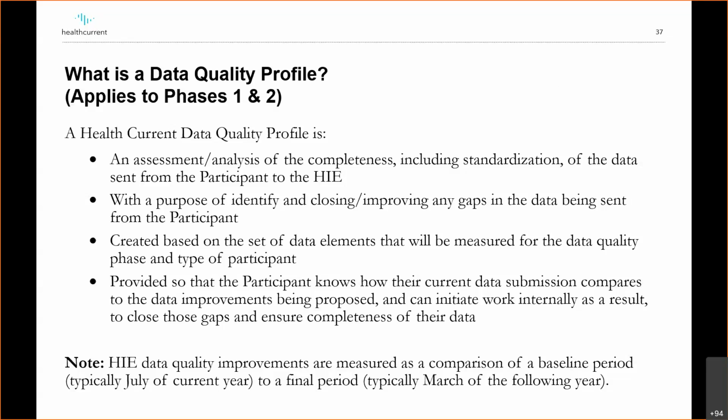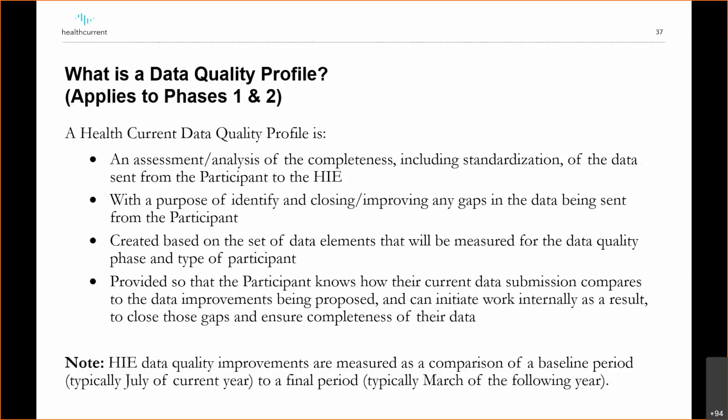So the data quality profile is produced, and it is an analysis of the completeness and the standardization of the data that flows from a participant to the HIE. The purpose is to identify and close or improve any gaps that exist.